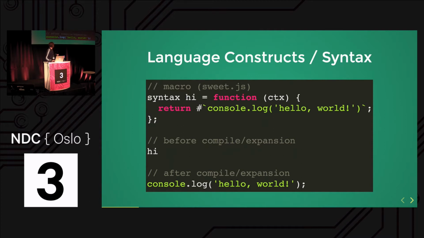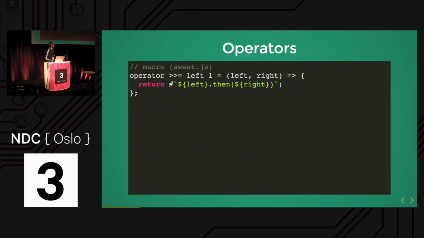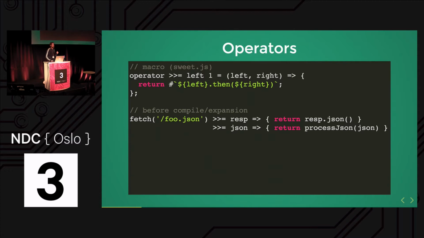Here I've created some of my own syntax, but you can also use this to create your own operators. Let's say that you wanted to have a different way of handling promises, of chaining promises. So I'm creating some sort of operator here so that I can write code that looks like this, because I think that this is a better way of expressing chained promises.